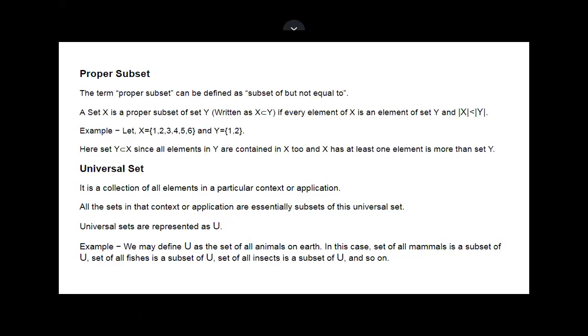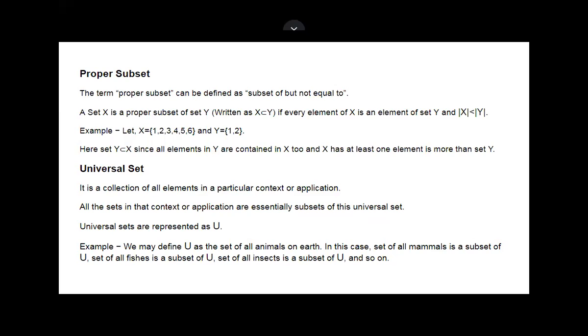A set X is a proper subset of set Y if every element of X is an element of Y, and cardinality of X is less than cardinality of Y. Now here X is taken as 1, 2, 3, 4, 5, 6, and Y is again 1, 2. So what we can see here is Y is proper subset of X.